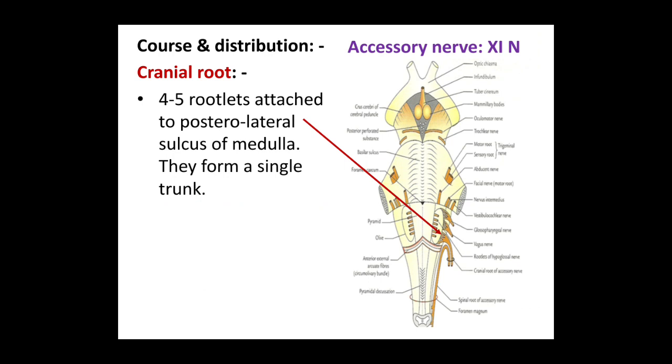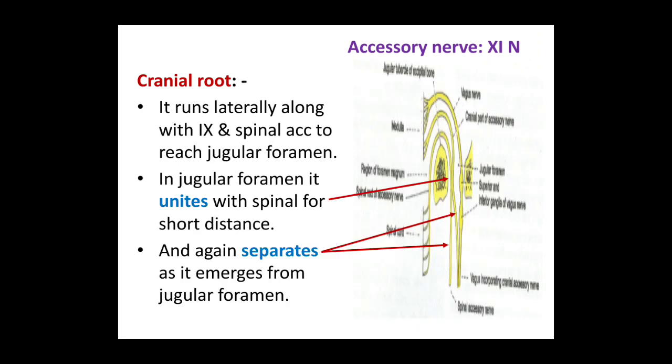The cranial root has 4 to 5 rootlets, which are attached to the posterolateral sulcus of medulla. They form a single trunk. It runs laterally along with the glossopharyngeal and vagus to reach the jugular foramen.